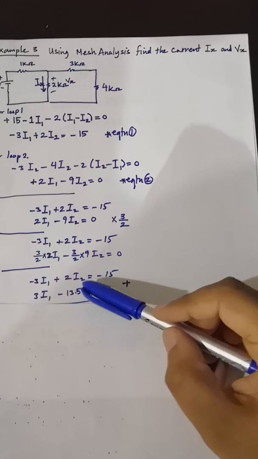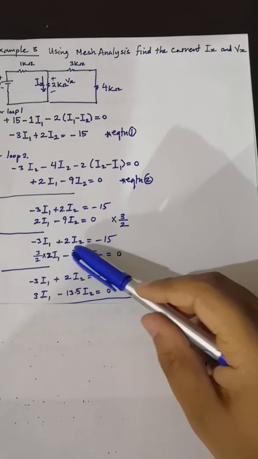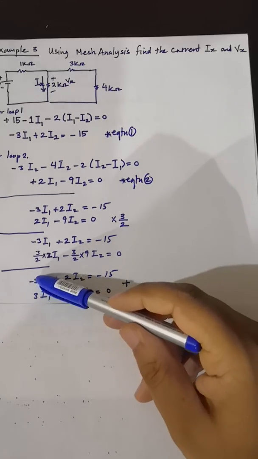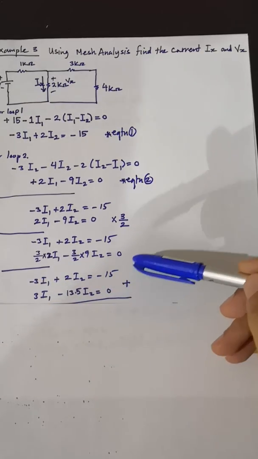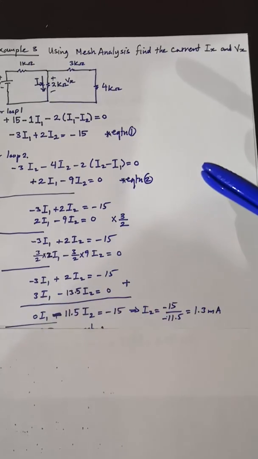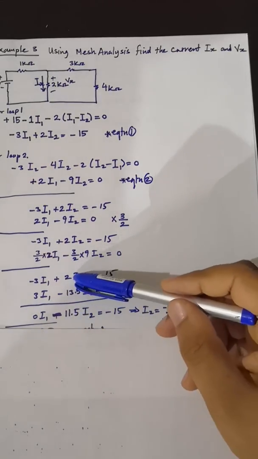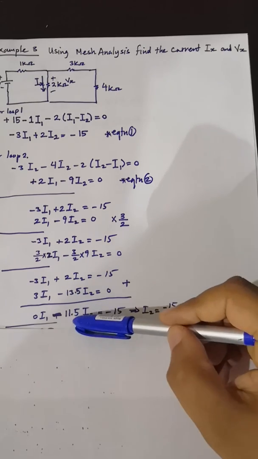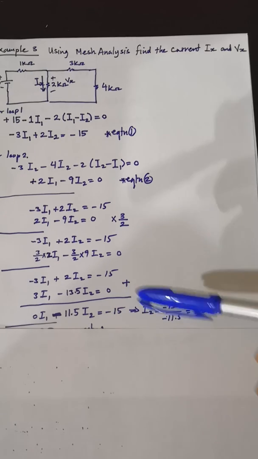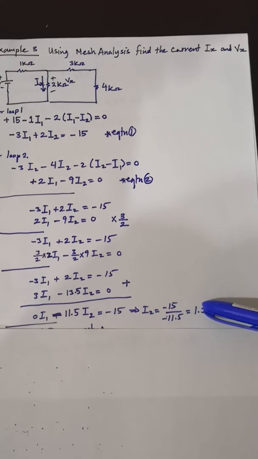And this will become 27 over 2, 9 times 3, which is 13.5. Now, if I add the two equations, I will cancel this. This one will be cancelled. And here I have 2, and here I have minus 13.5, so I have minus 11.5 equal minus 15. This implies that I2 is equal to 1.3.